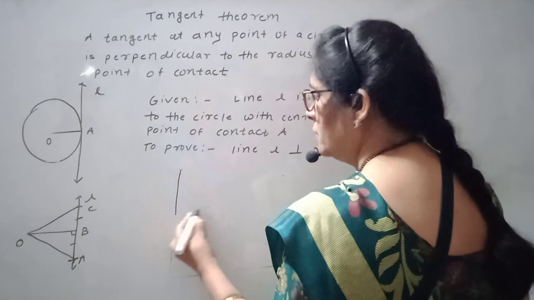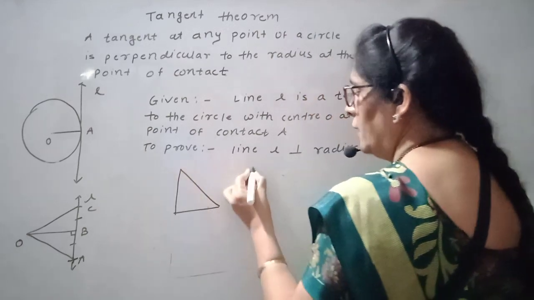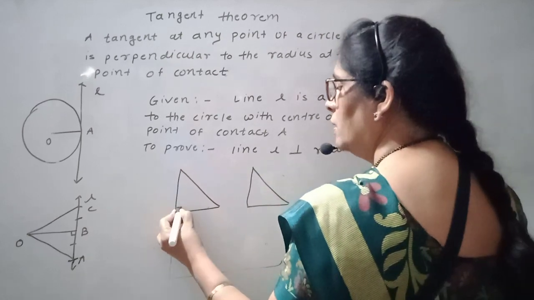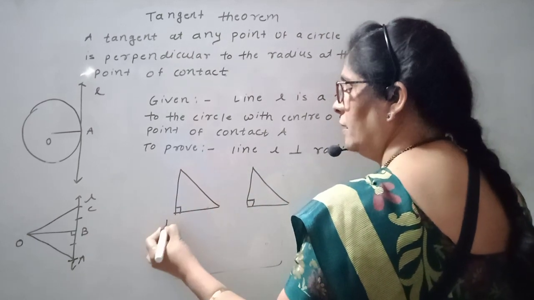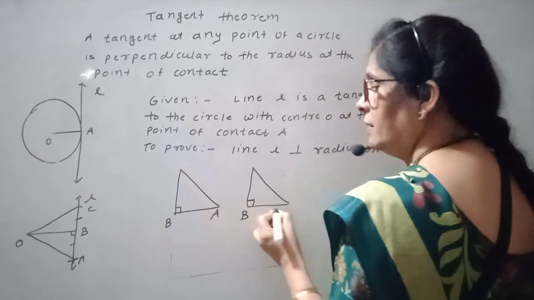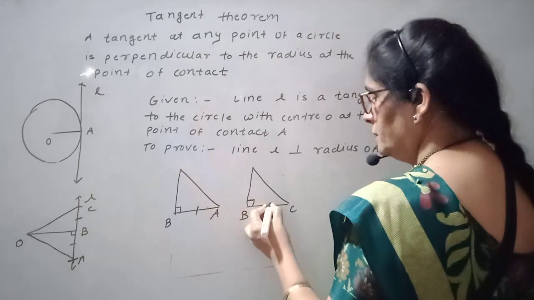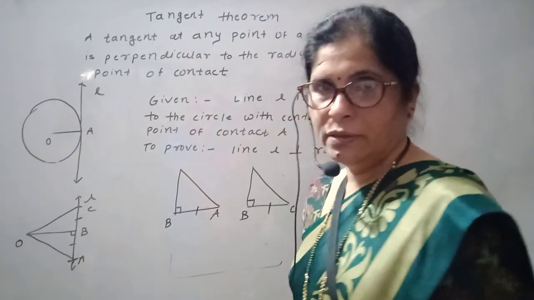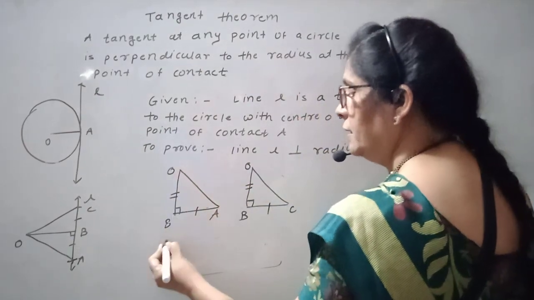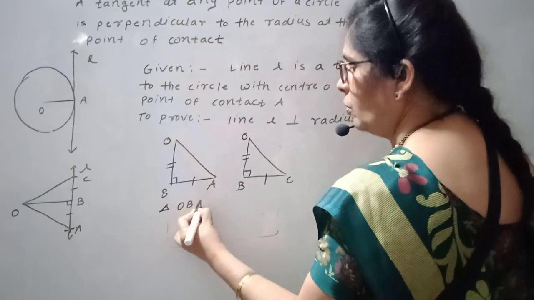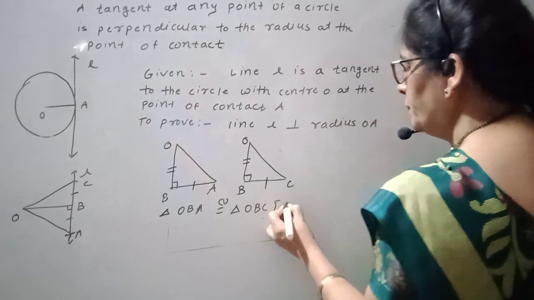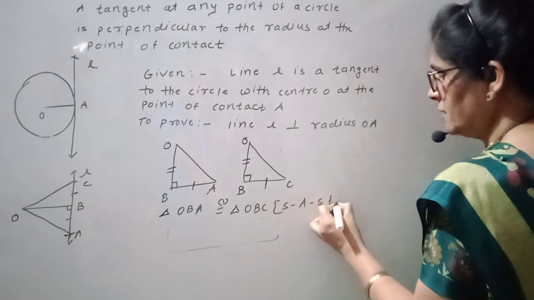Now see here, I will draw two triangles and we will show that these two triangles are congruent. How? Angle B is a right angle. AB is equal to BC, as I have taken point C. OB is the common side, and hence it is proved that triangle OBA is congruent to triangle OBC by SAS test.